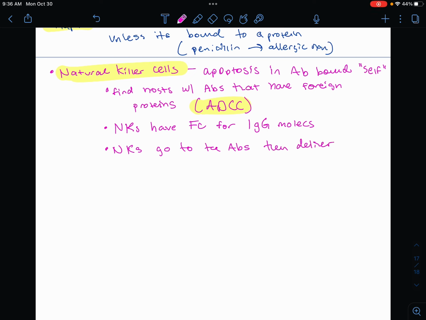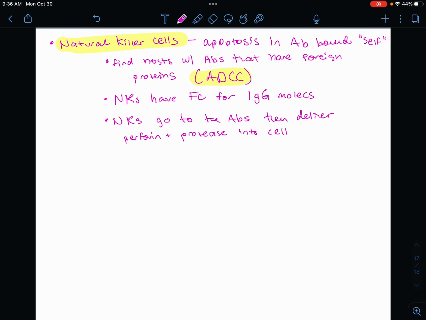These are, again, those enzyme packages, basically. And then, of course, this causes apoptosis.